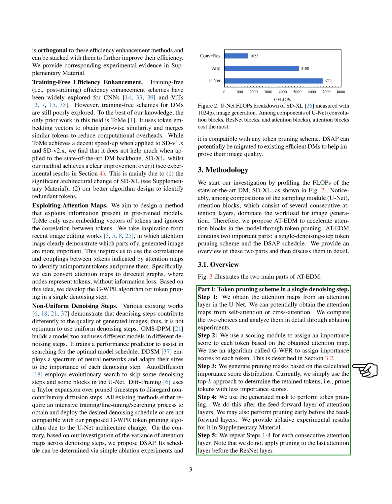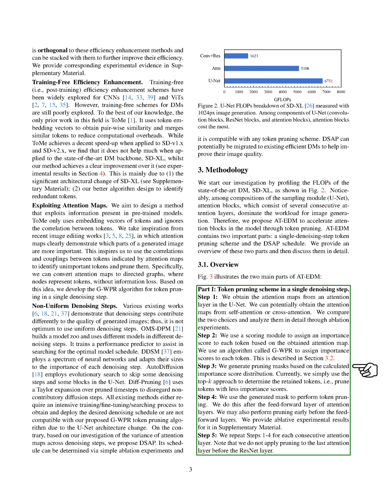In the first part, which is the token pruning scheme in a single denoising step, we follow these steps. First, we extract the attention maps from an attention layer in the UNet, which can be from self-attention or cross-attention. Next, we use a scoring module to assign importance values to each token based on the attention map. We employ the GWPR algorithm for this task.